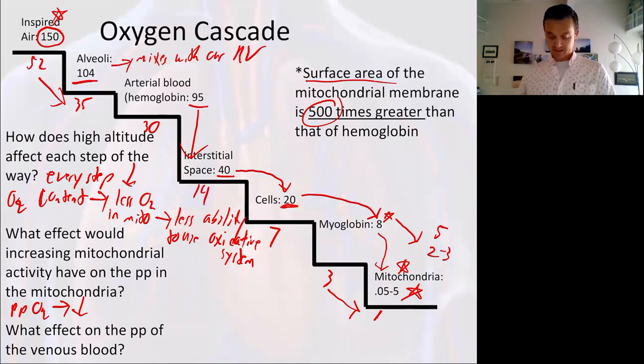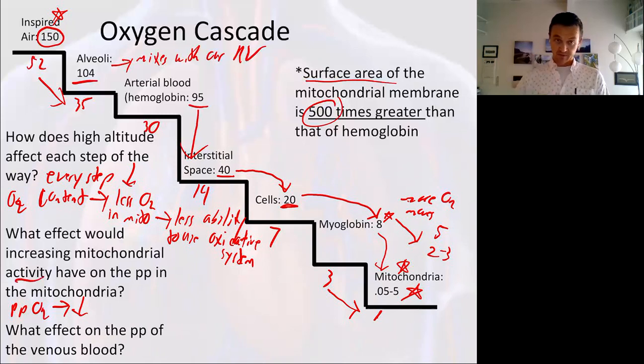So what happens? That means more O2 moves, right? Because the stronger the gradient we have, the more oxygen is going to move, okay? So that increase in mitochondrial activity, right?